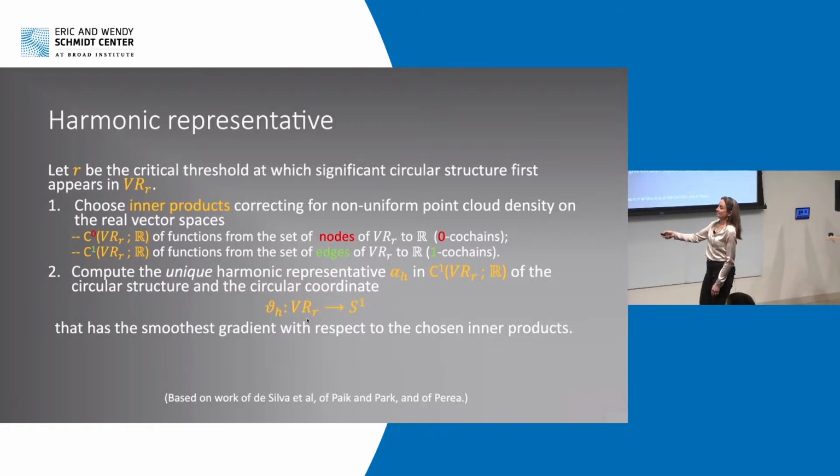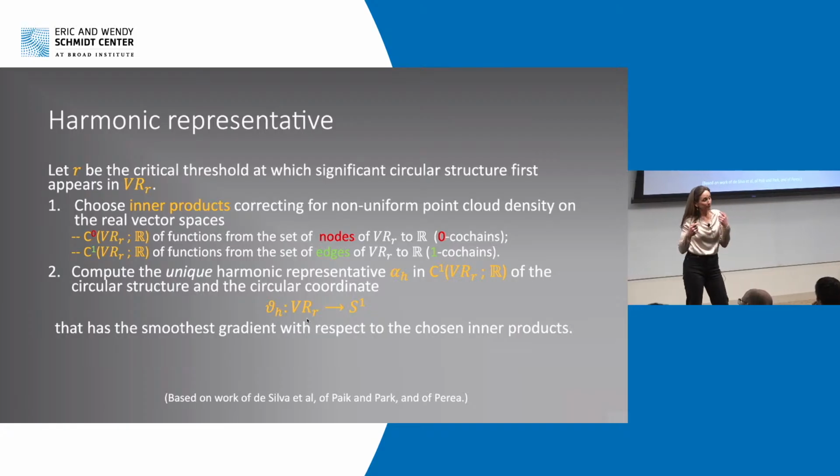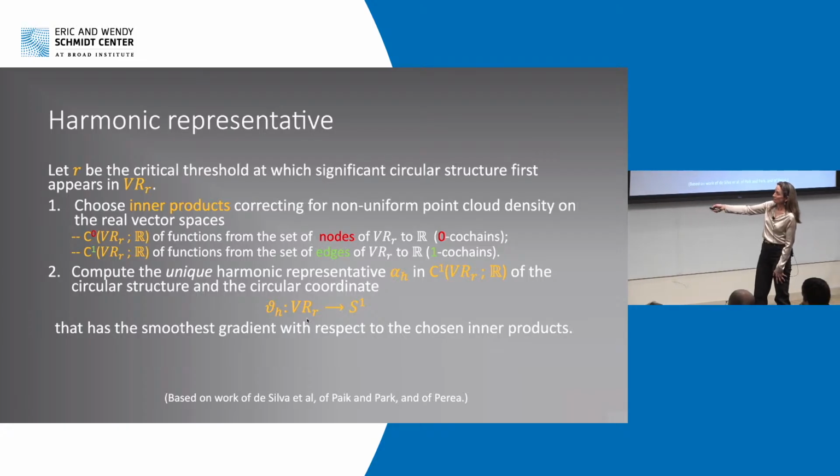So once you have inner products, then there's a way of computing a discrete Laplacian on these vector spaces. And when you have a discrete Laplacian, then you can start taking harmonics, which are kernels of the Laplacian. So you can find a unique representative in here, a unique one cocycle.